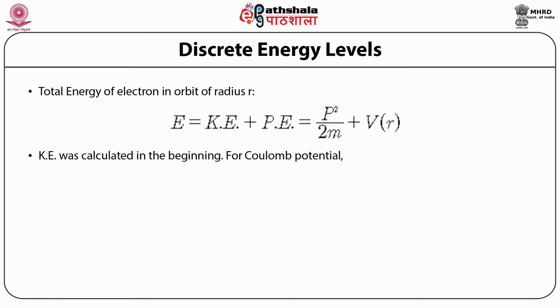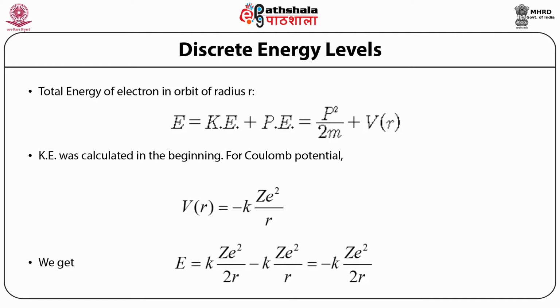So finally we get the energy equal to the sum of kinetic and potential energies, and it turns out to be minus Ze squared by r multiplied by the Coulomb constant k. So we find here that the energy of an electron in the bound state is negative. Why is it negative? Because the potential energy sort of outshines the kinetic energy.